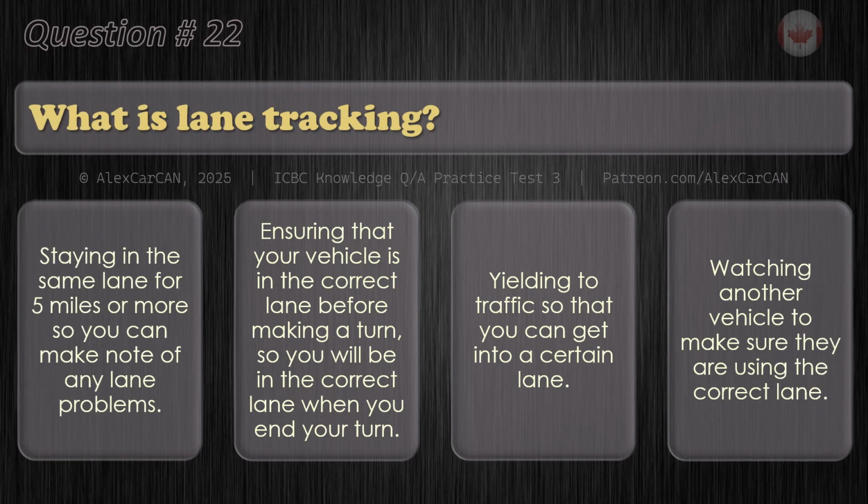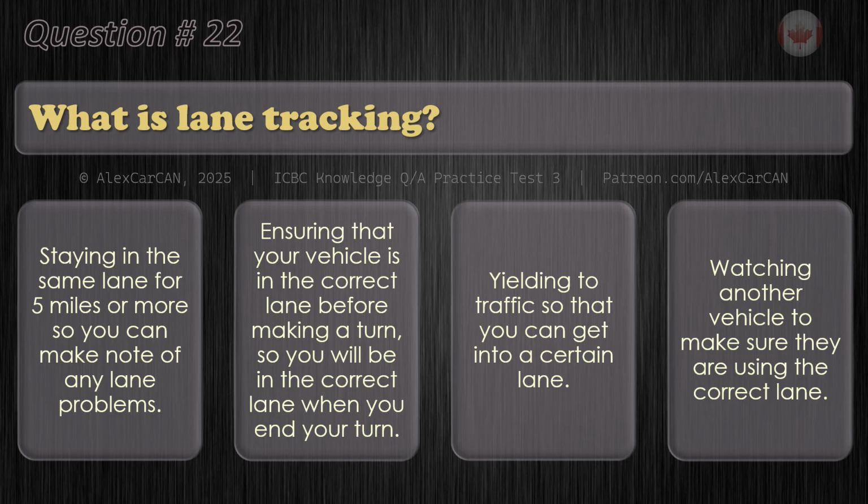Question number 22. What is lane tracking? Staying in the same lane for 5 miles or more so you can make note of any lane problems. Ensuring that your vehicle is in the correct lane before making a turn, so you will be in the correct lane when you end your turn. Yielding to traffic so that you can get into a certain lane.